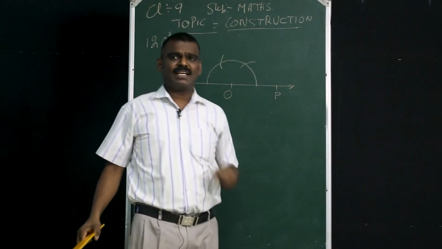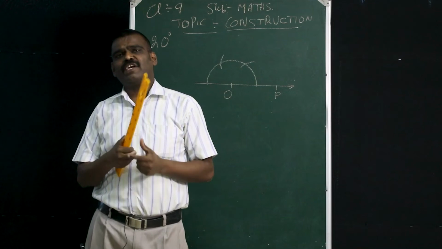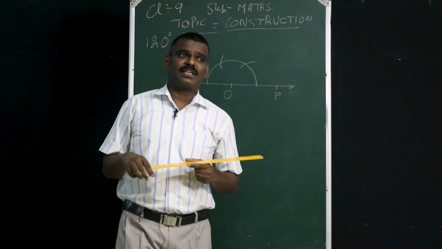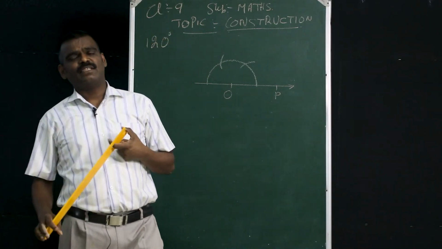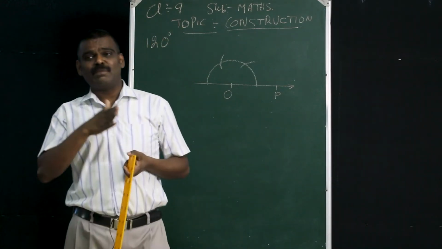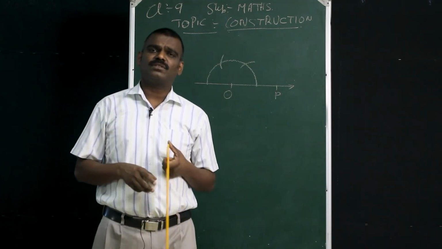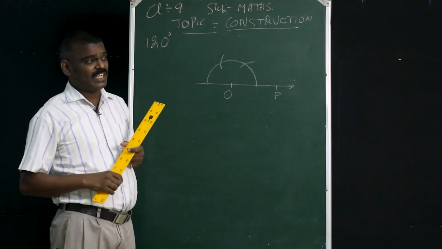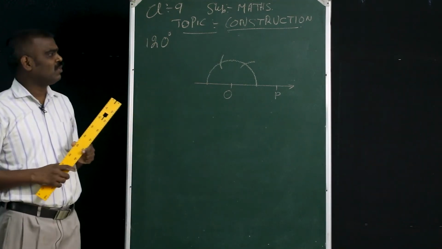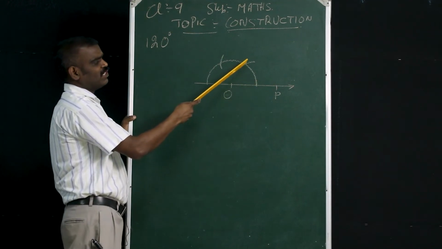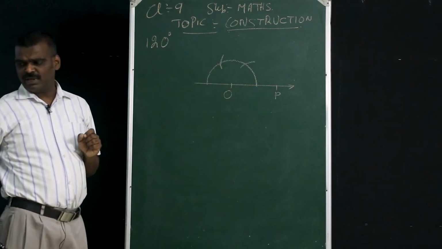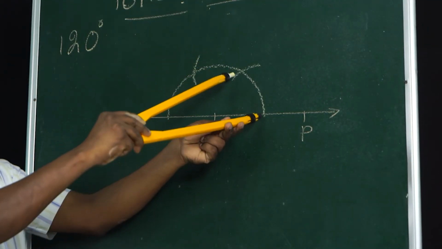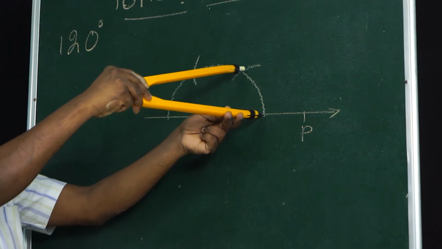Semicircle. Semicircle has how many degree? What is the magnitude of circle? Circle has how many degree? 360 degree, right? Semi means what? Half. Half of 360 how much? Yes, 180 degree, right? That means semicircle has 180 degree. So this 180 degree is divided into 3 equal parts. From here to here 60. Do you remember? This is 60, right?